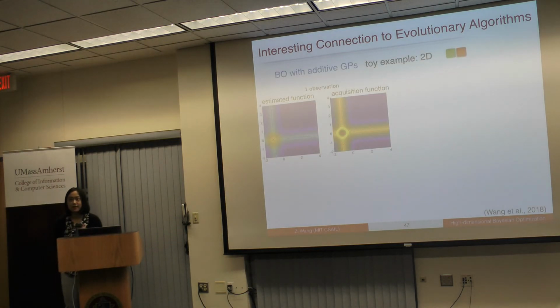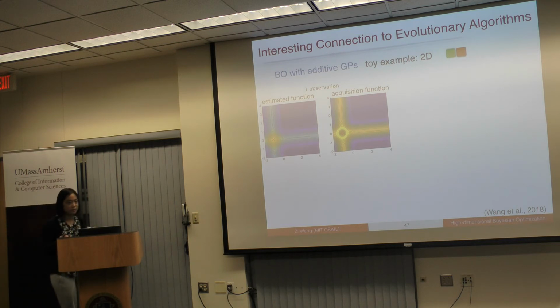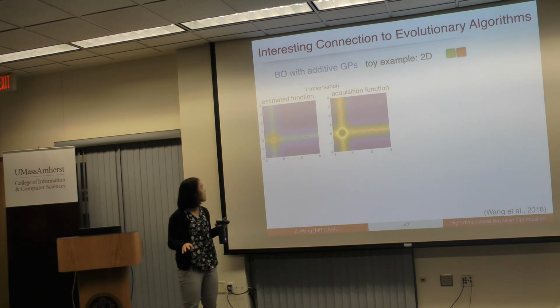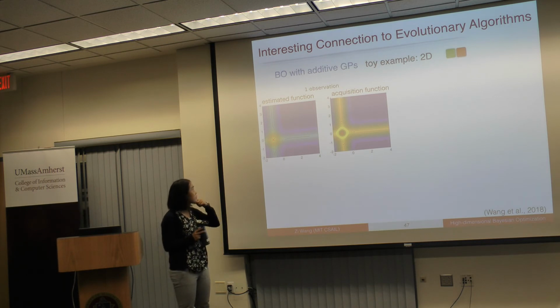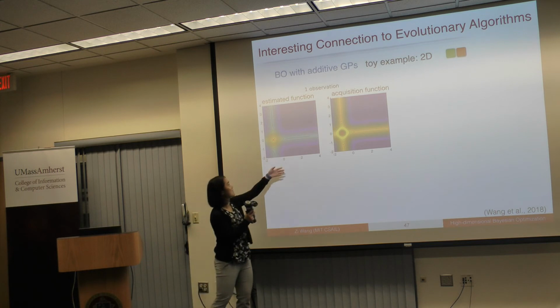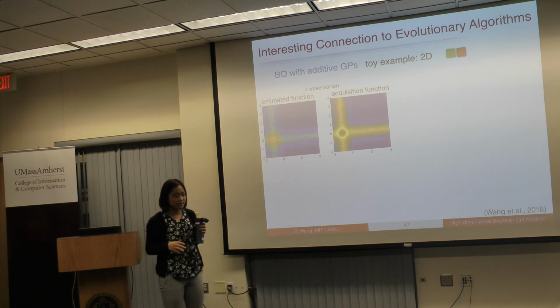The interesting thing here is that we realized Bayesian optimization using additive GPs is doing something similar. Let me show you. Here we're showing an example of a two-dimensional function. It's really a toy example. This is the acquisition function, and this is our estimated function.